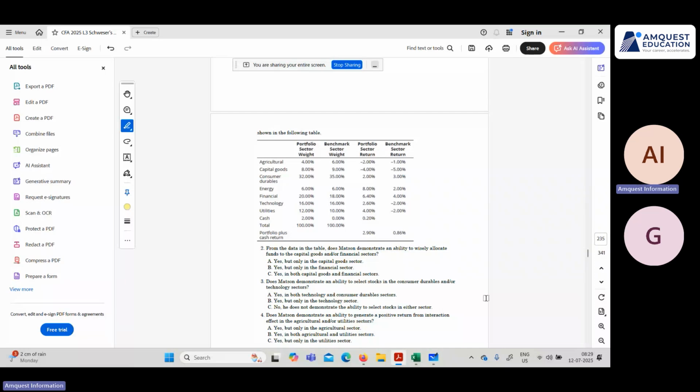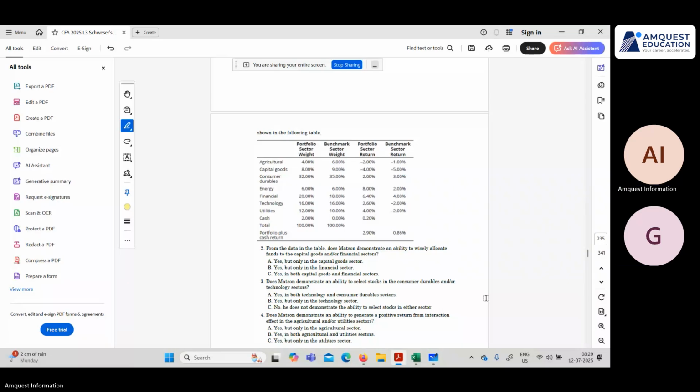Okay, let's discuss. How about the second one? Second one, that's C. And how did you arrive at C? I did WP, weight of portfolio, minus WB.